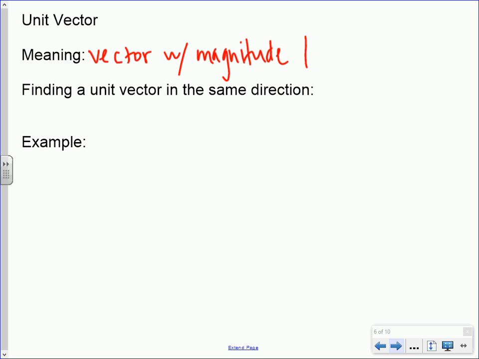Does anybody remember how we did that? We multiplied our vector by a number. What number did we multiply our vector by? We want the magnitude to be 1. What did we multiply our vector by?